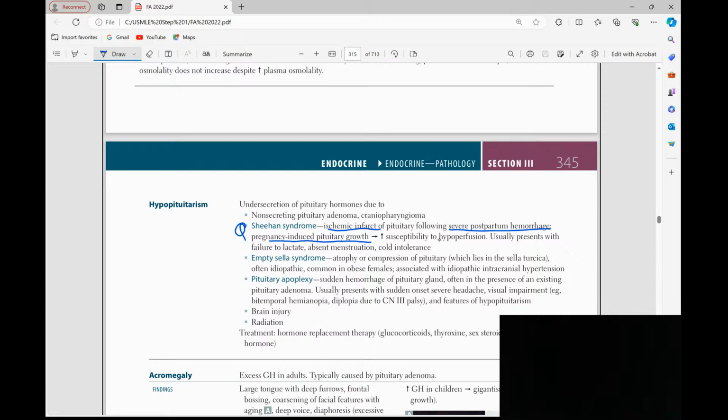The patient will be susceptible to hypoperfusion, and that means the pituitary gland will be necrosed, so it will not release prolactin: no lactation, no menstruation, cold intolerance, because no thyroid hormones. So these features combined are known as Sheehan syndrome, and this is important. Rest of it, you can read yourself if you want. And treatment is obviously hormone replacement therapy. Whatever hormone is deficient, we will go with replacement.